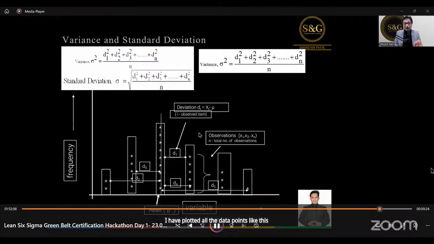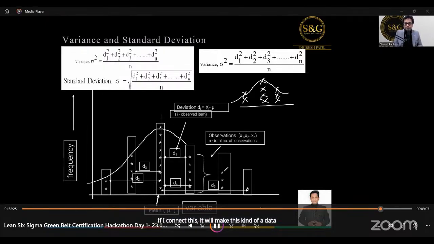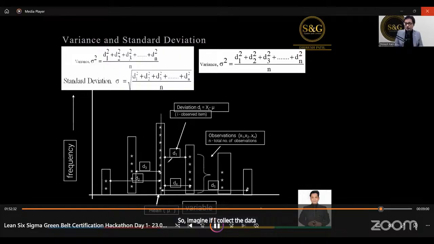I have already plotted data points before this, like stars, stars, stars. If I connect these, it will make this kind of data distribution. So imagine I collect the data and this is the distribution.